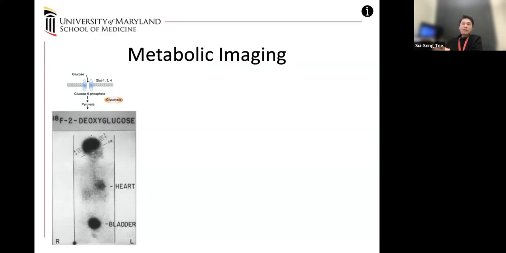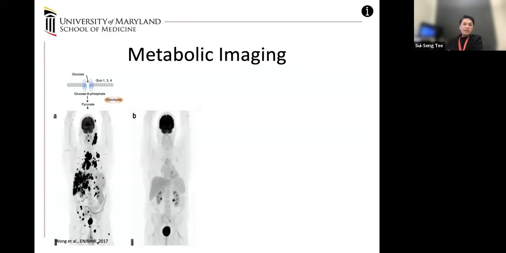And now FDG PET is sort of standard of care in a lot of oncologic descriptions, right? So, this is an example of a melanoma patient with multiple mets across the body that has been treated with a targeted therapy, and it has almost cleared this patient of disease, right?